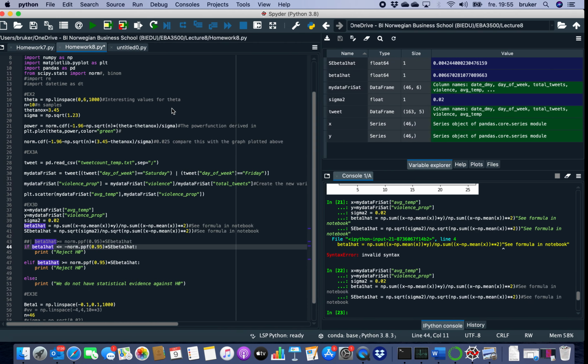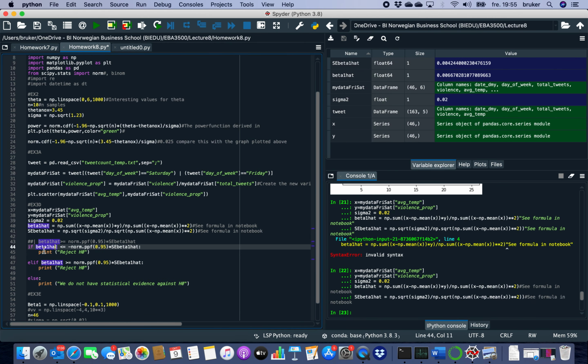So I have to implement that in some sense. So I say if beta 1 hat is less than what I just showed you, then reject H0. Else if beta 1 is bigger or equal to this, also reject H0. Else, if neither of these sets in, we will not reject H0, so we do not have statistical evidence against H0.